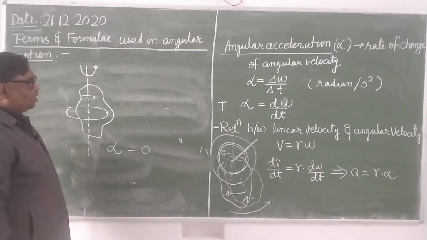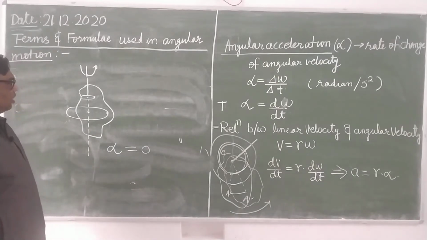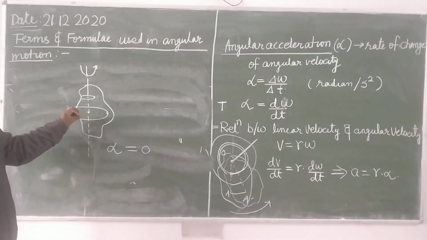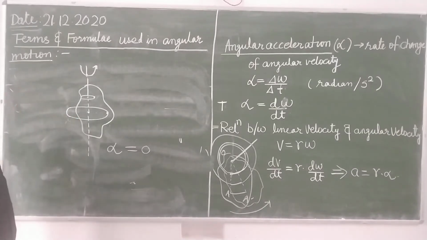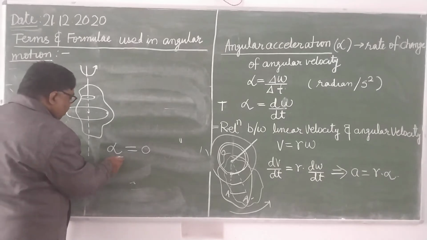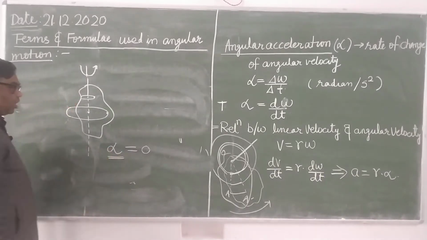It's clear. Now see one more thing. When a body is rotating, all of its particles will have the same angular displacement in a given time, as well as the same angular velocity. But all will not have the same angular acceleration.